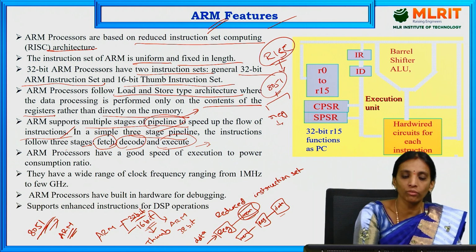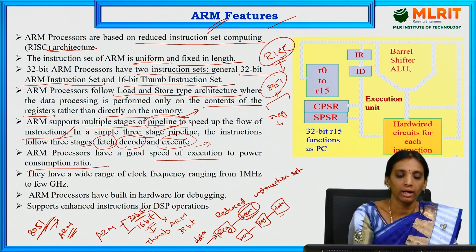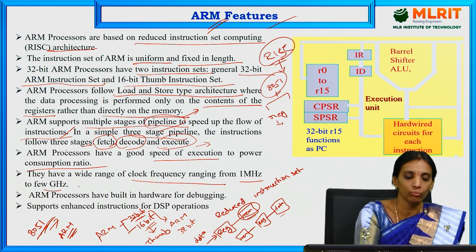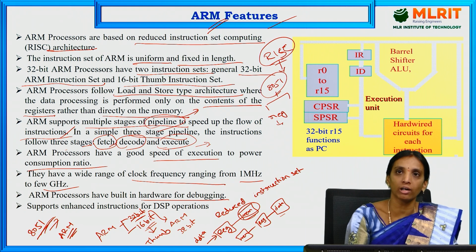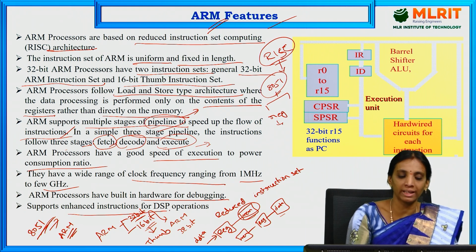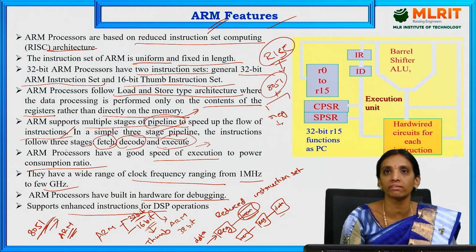These ARM processors have a high speed of execution and a low power consumption ratio, and they have a wide frequency range from 1 MHz to a few gigahertz. They have built-in hardware for debugging, so we have the debugging facility in the hardware itself. They support enhanced instructions for DSP operation, DSP meaning digital signal processing.